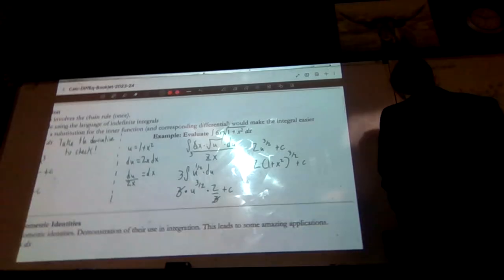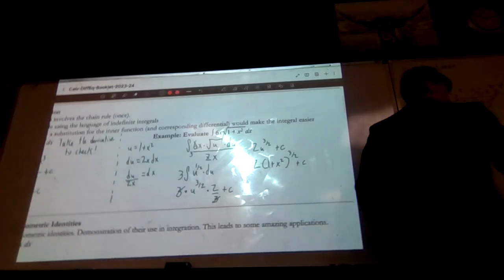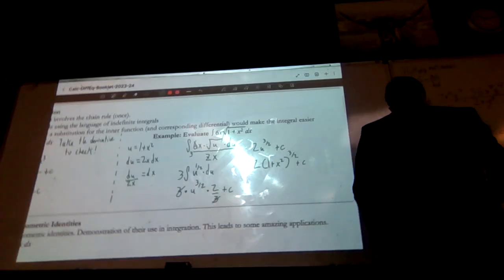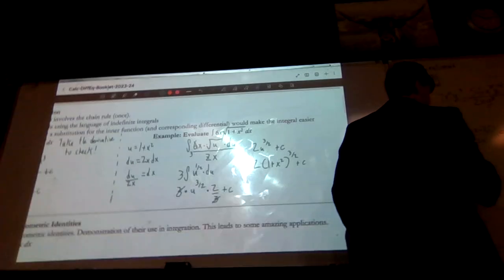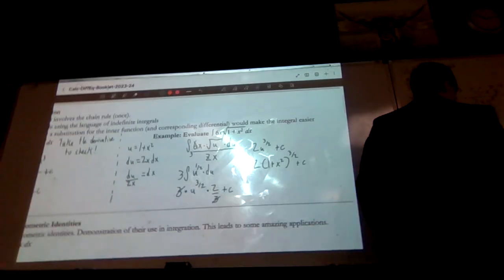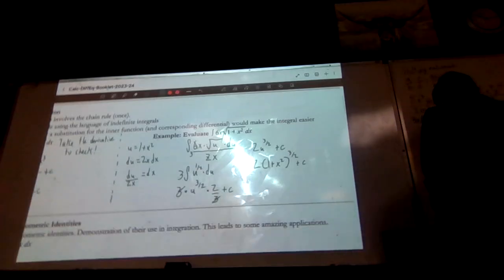We have, let's say, dy over dx equals cosine of x, right? I would get dy equals cosine x dx, correct? And then if you integrate both sides, well, what's the integral of 1 dy? Just y. What's the integral of cosine x dx? It would be sine of x.